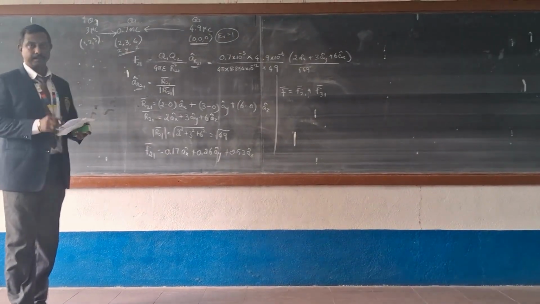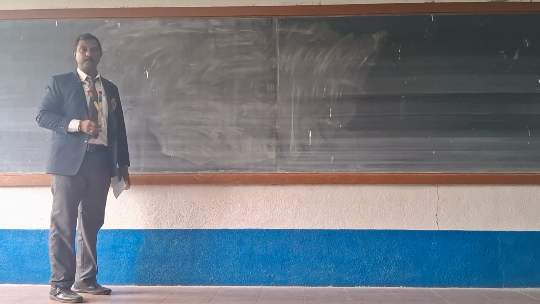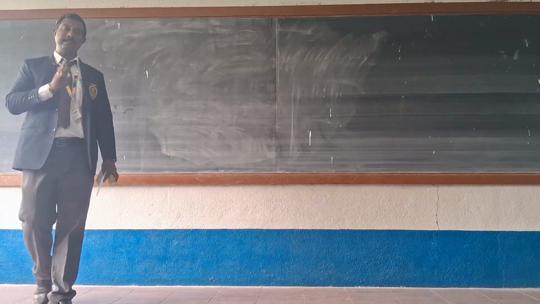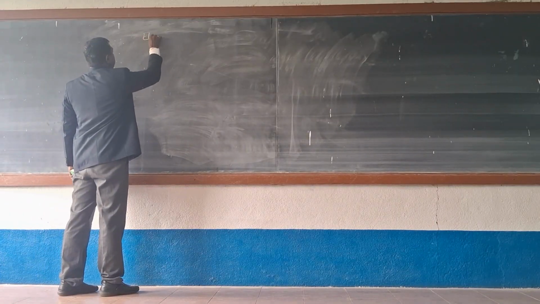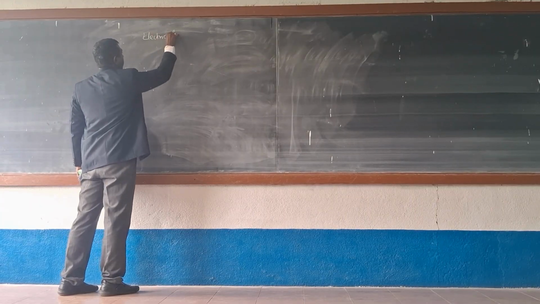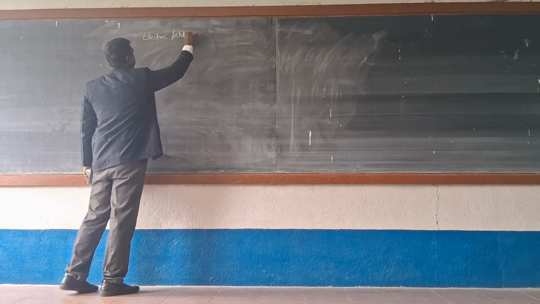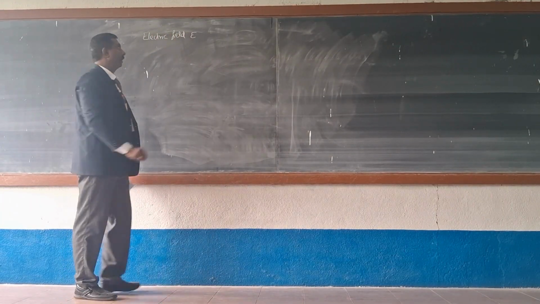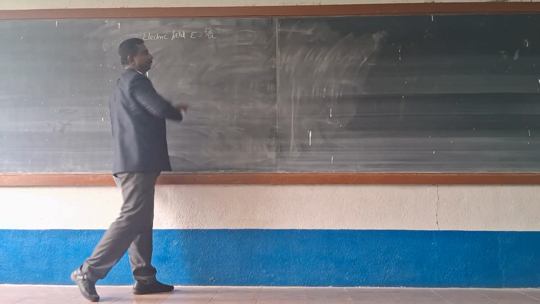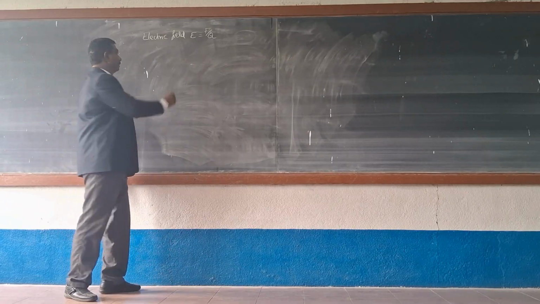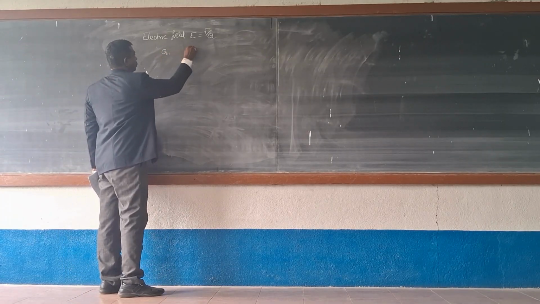Now we are going to see about electric field. Electric field is denoted by E. E is nothing but force divided by charge. So again, I am assuming two charges.